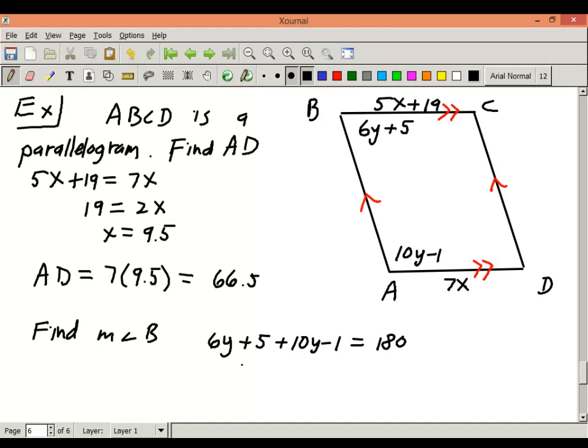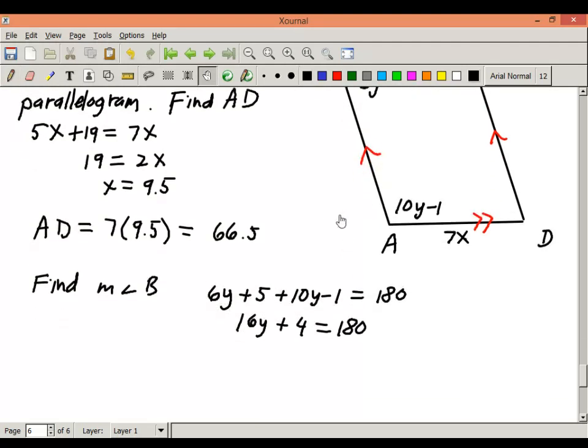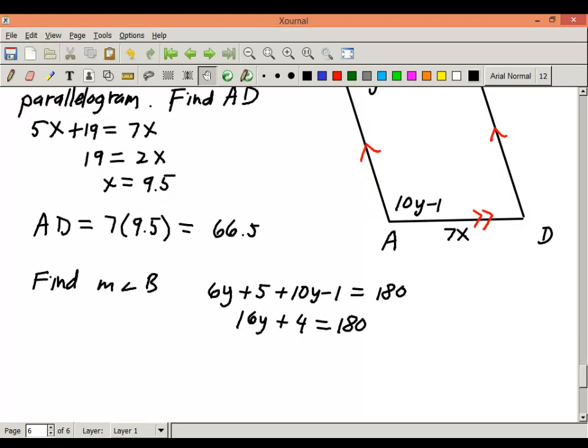So it looks like we have 16y plus 4 equals 180. So we'll subtract 4, so that it's going to give us 16y equals 176. And we'll divide.